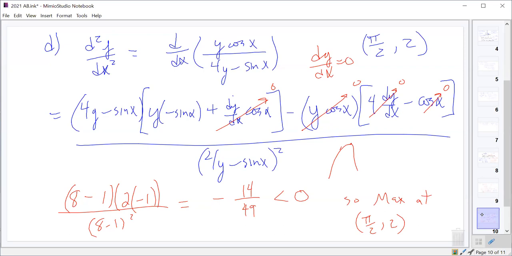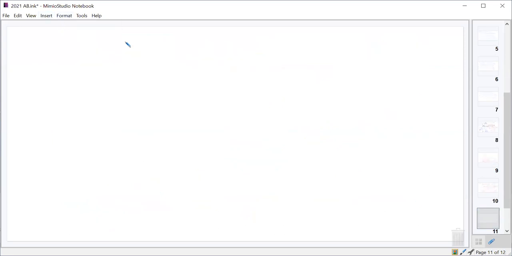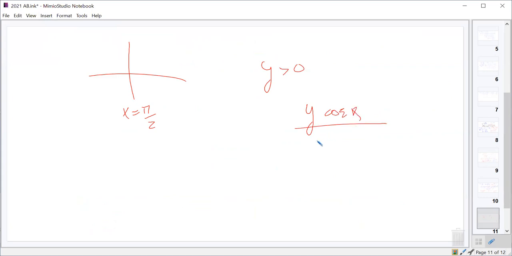So if you tried to use the sign chart, right, you put on x equals pi over 2. We know that y is greater than 0, but our derivative was y cosine x over, what was it, 4y minus sine x? Is that right? Yeah. So we know that if we plug in something, let's say here this is pi, and let's say this is 0.